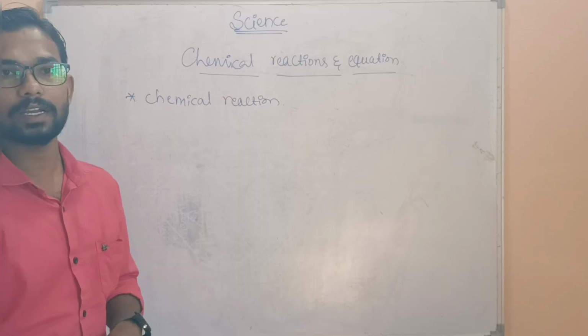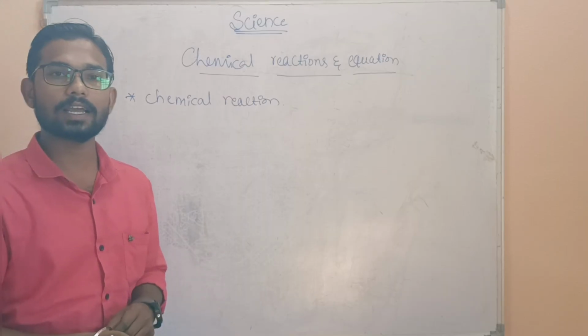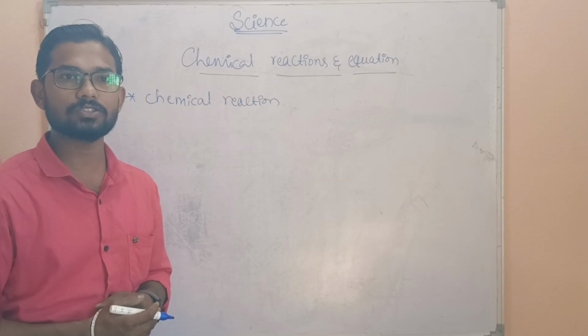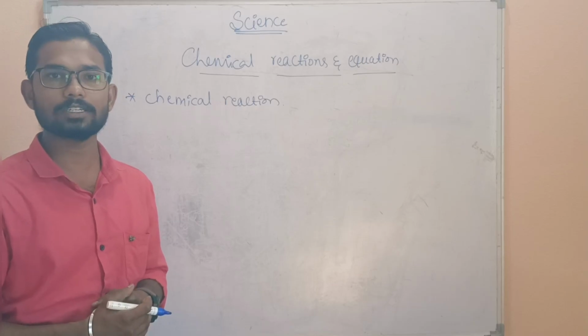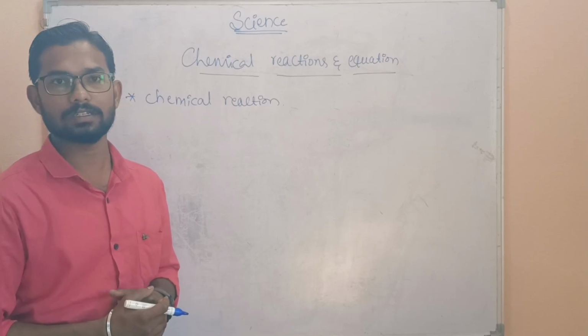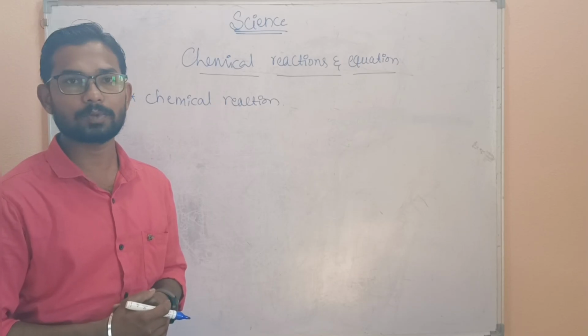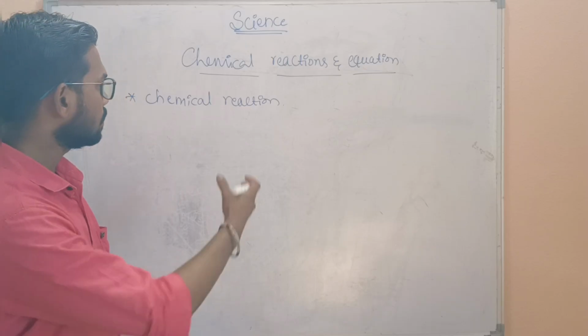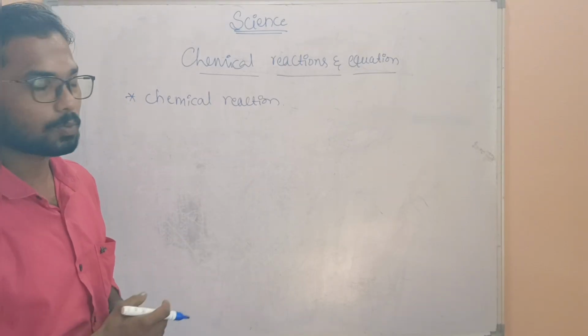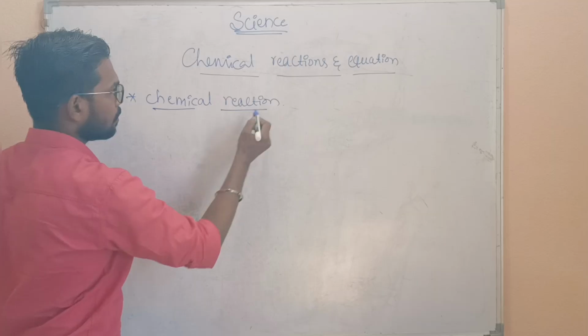The definition of chemical reaction is that a chemical reaction is a change in which one or more substances react to form a new substance with entirely different properties. So it is known as a chemical reaction. I'm going to write the definition.